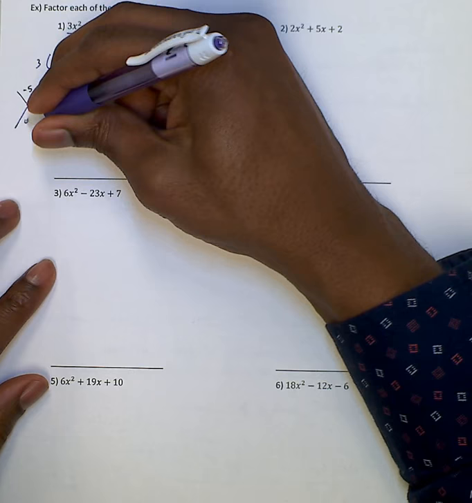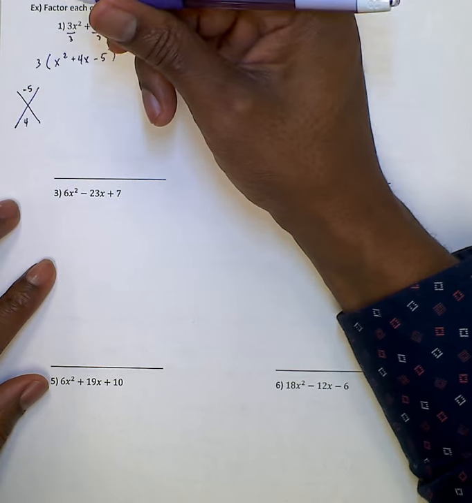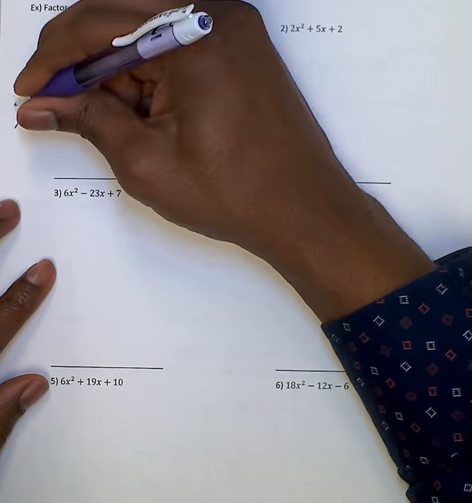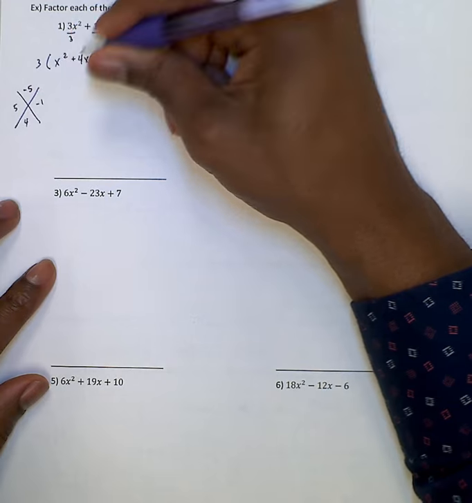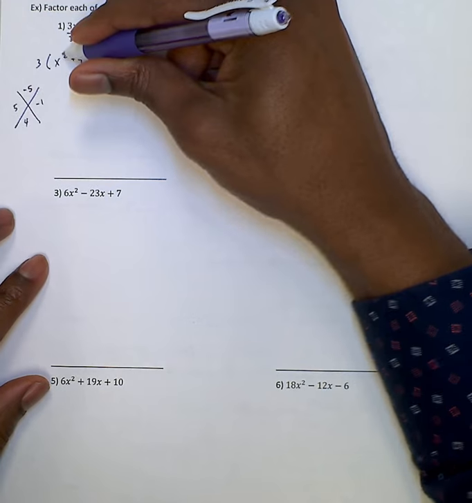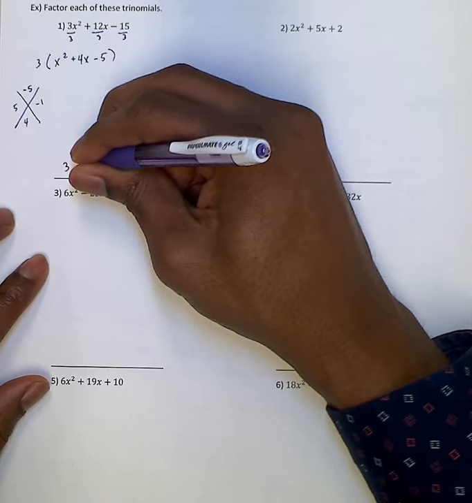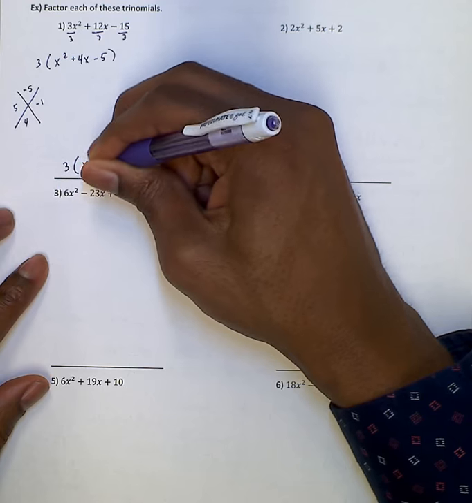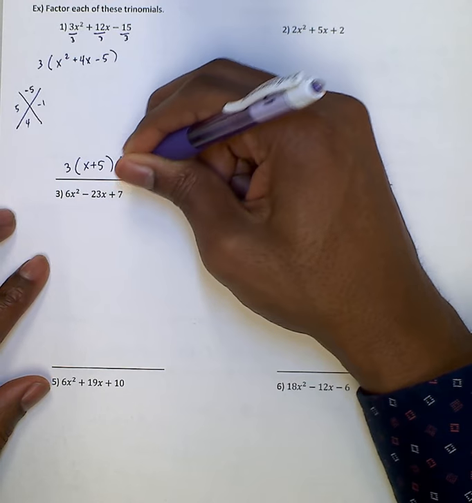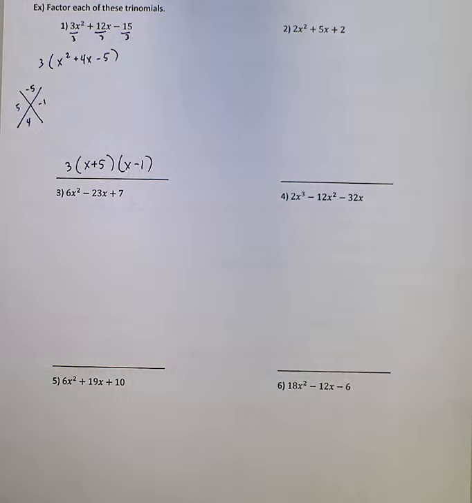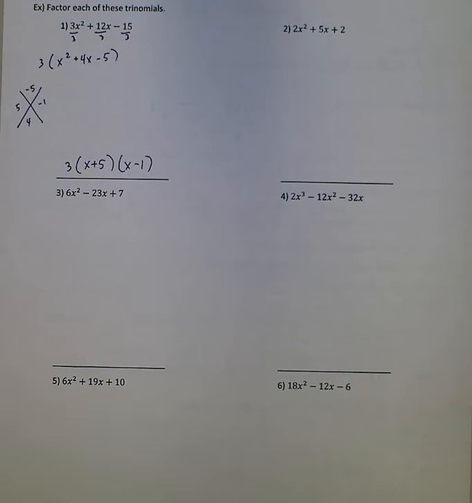Those two numbers are going to be 5 and negative 1. And because x is 1, then I just know that that's going to be x plus 5, x minus 1. So that's nice. When x is 1, I get to use my shortcut. I don't have to do the box method.